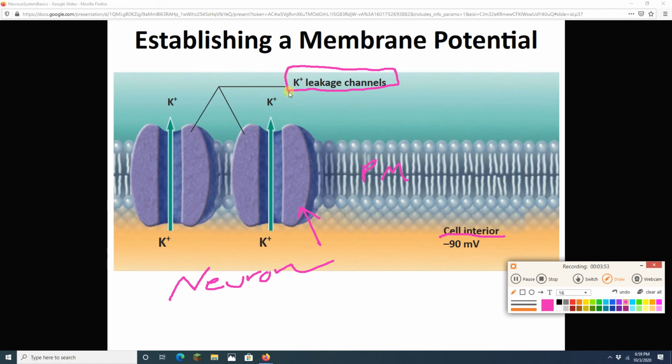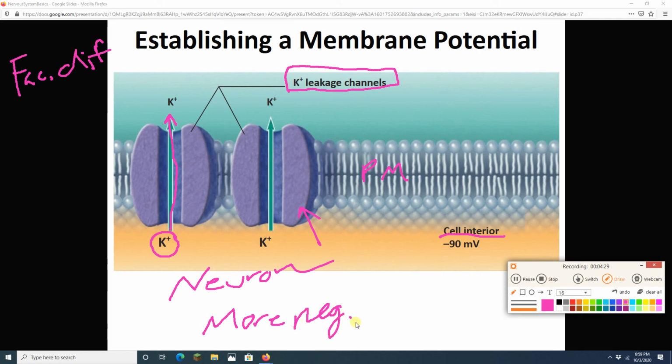We've actually met these guys before as well when we were dealing with facilitated diffusion. And what these guys do is they allow potassium to leak out. Potassium is higher in concentration inside the cell, so potassium tends to go out. As potassium leaks out, well, it's a cation, right? It's a positive charge leaving that causes the interior of the cell to become more negative.